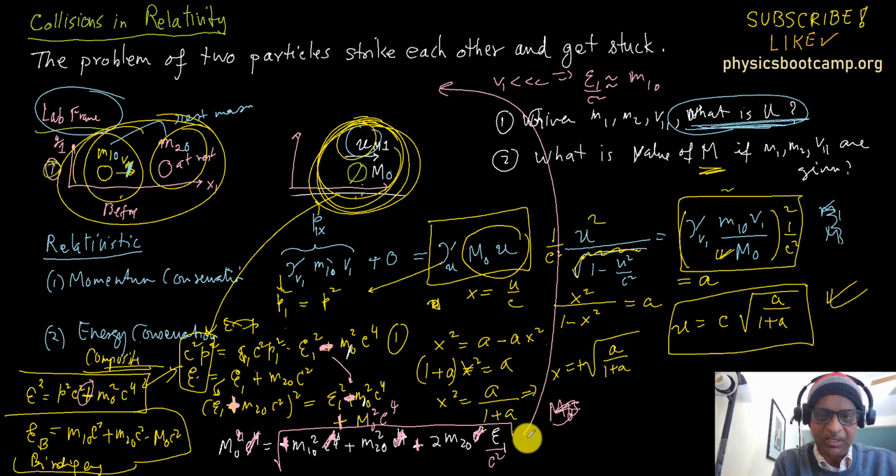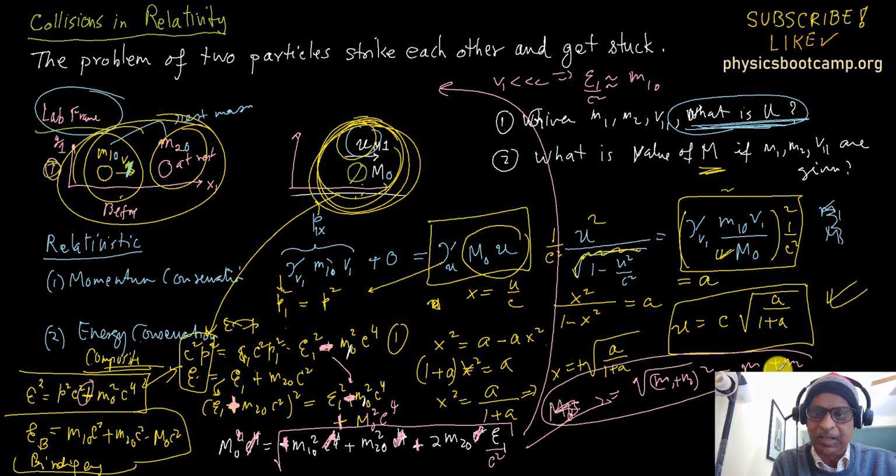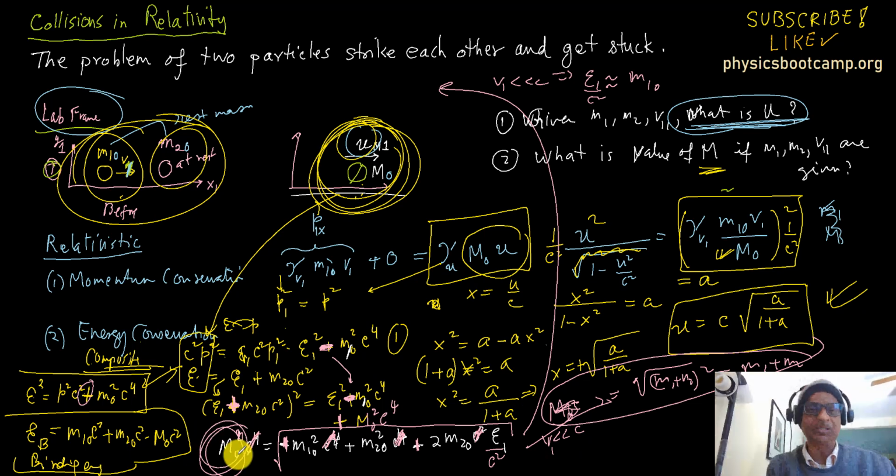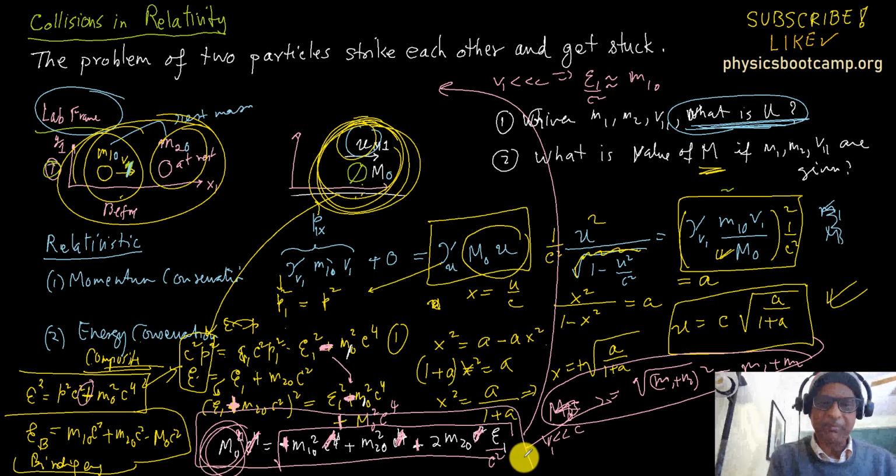So this turns into the square root of m1 plus m2 squared, and that just turns into m1 plus m2. So when the speed of the particle is much less than the speed of light, the composite particle's mass is just the sum of the masses of the two particles. Otherwise, you have a pretty complicated expression.